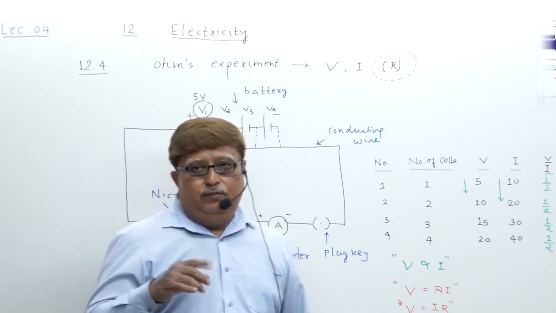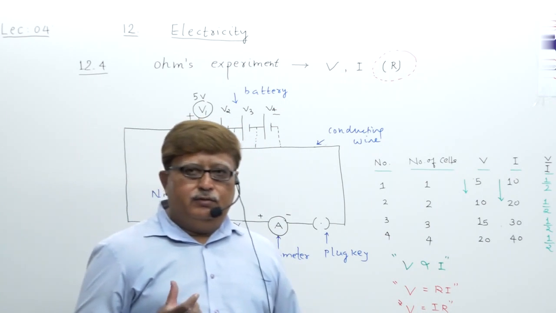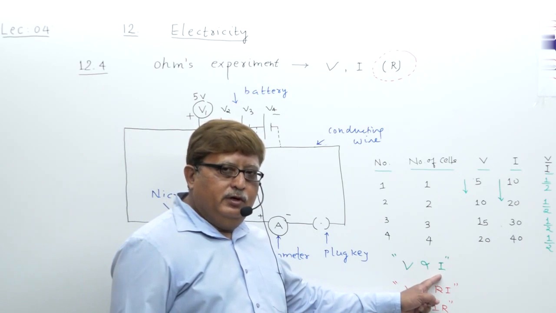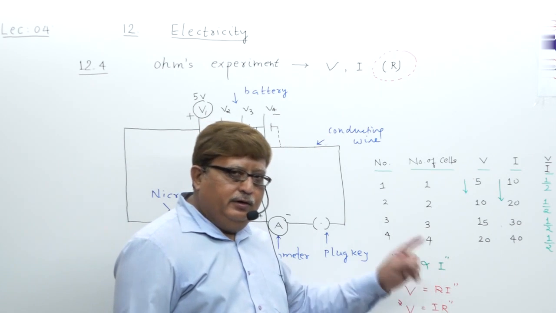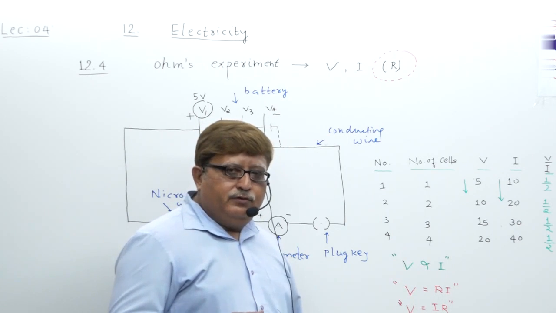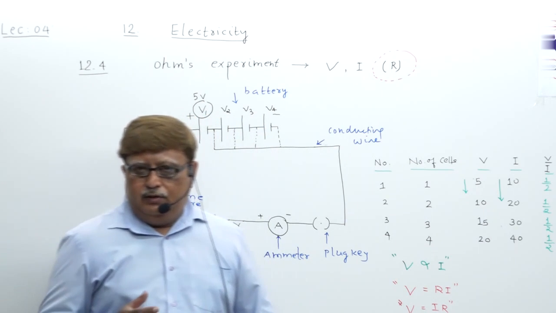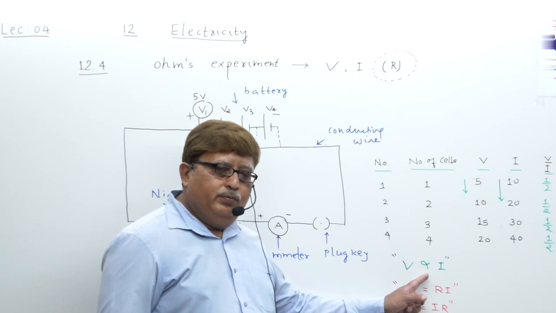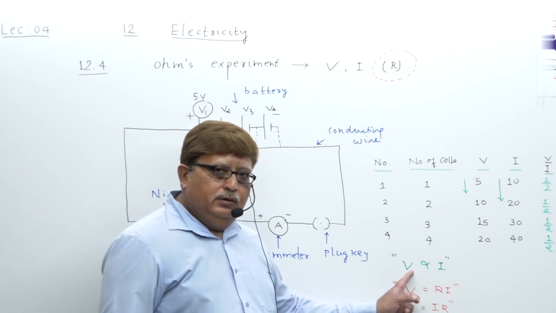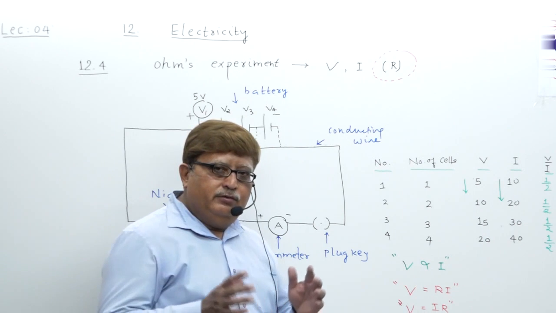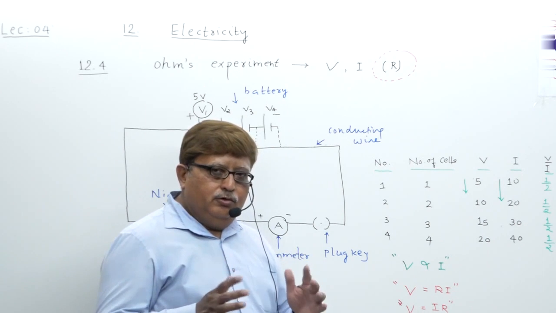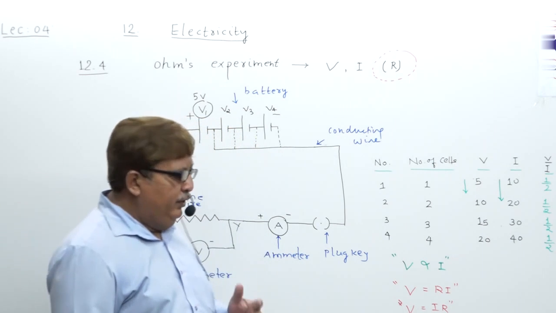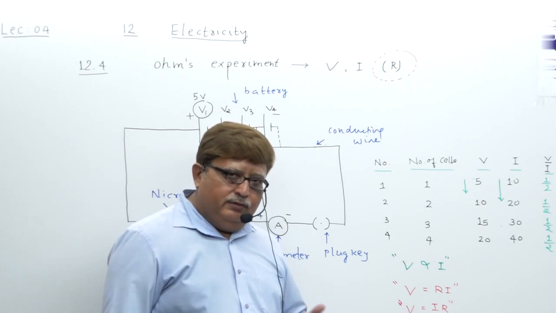I varies to V. How can you speak it? Amount of current, that means electric current, passing through the conductor is directly proportional to potential difference across two ends of the conductor. Understand? This way you can answer it.